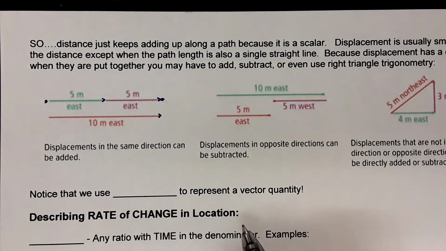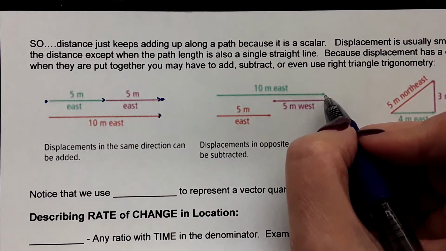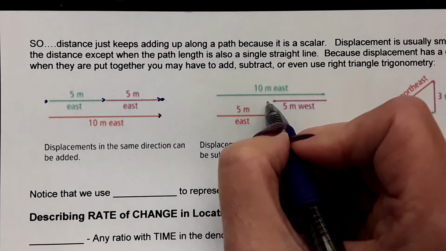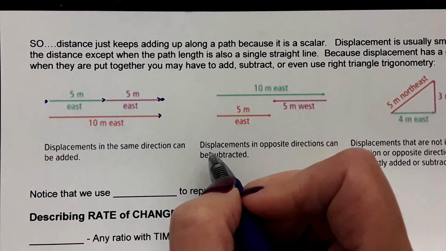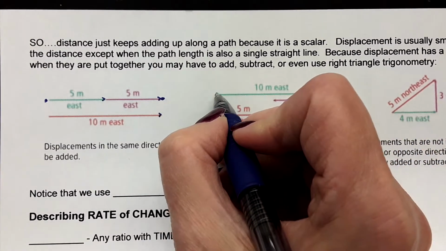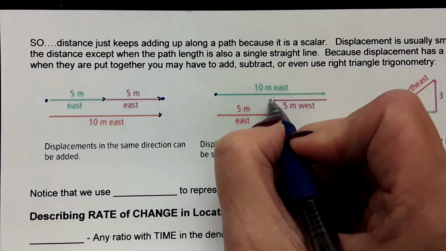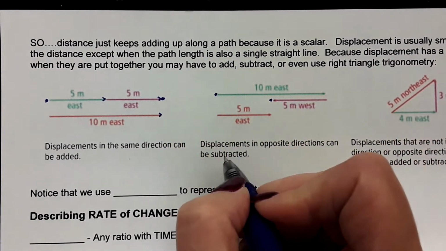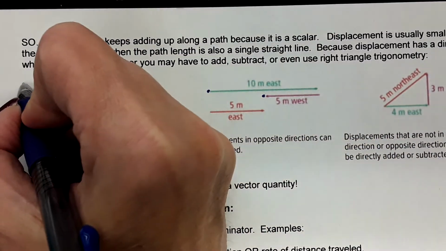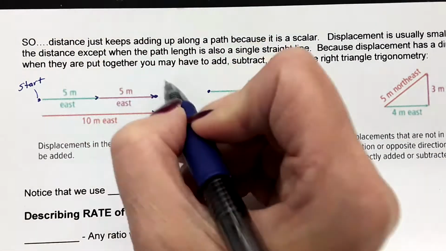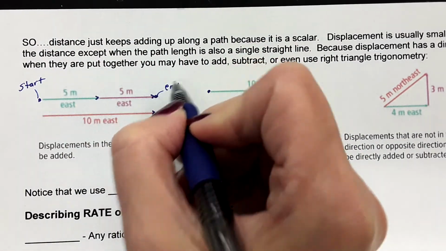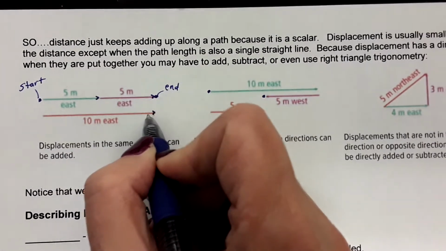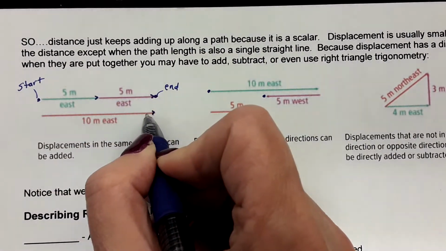But what if you went 10 meters east, realized you forgot something, turned around and went back 5 meters west? Then your displacement from where you started to where you ended is this right here. It's 5 meters east. So notice, here we have the start, here we have the end point, and the resulting sum, the resulting vector, points from start to end.